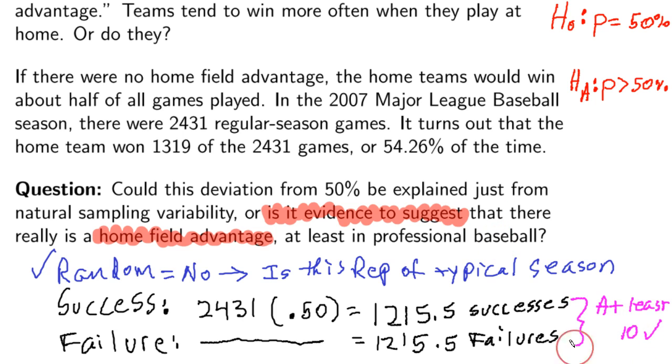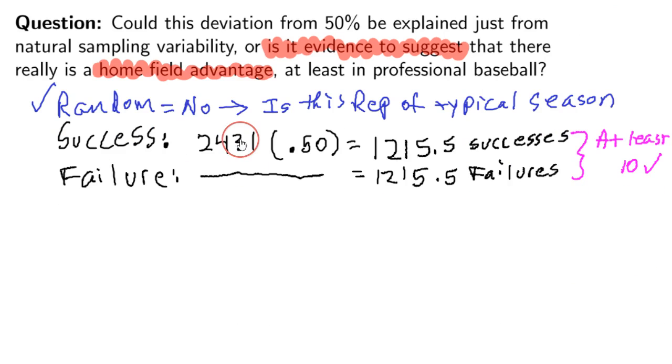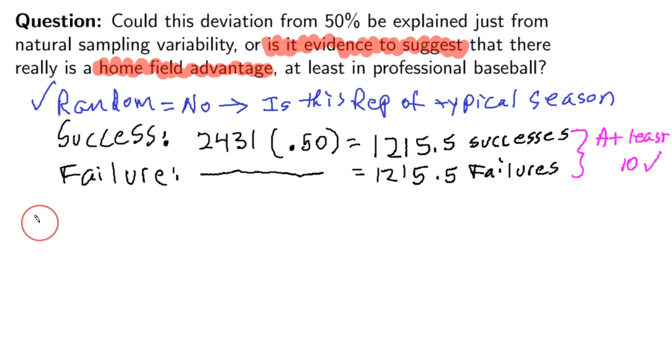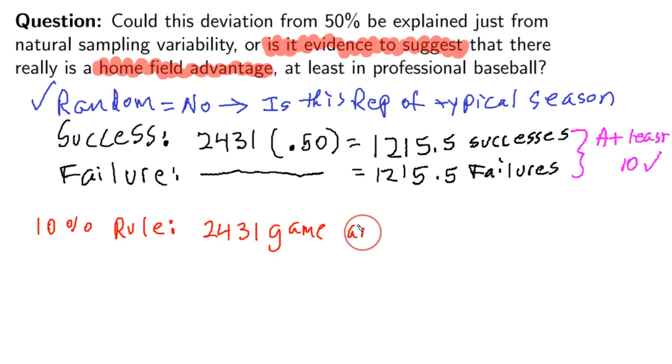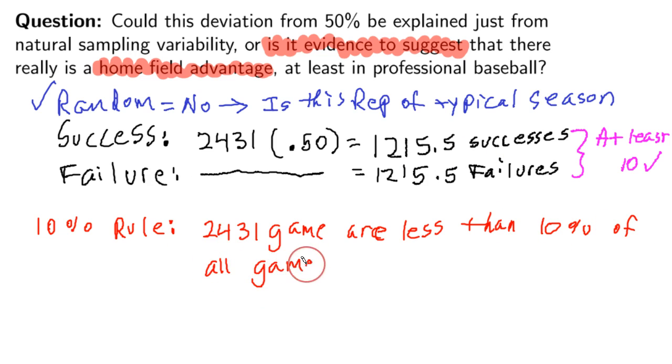And that passes. So now the last check that we have to do is the 10% rule. Taking a look here, I can say that the 2,431 games are less than 10% of all games played.